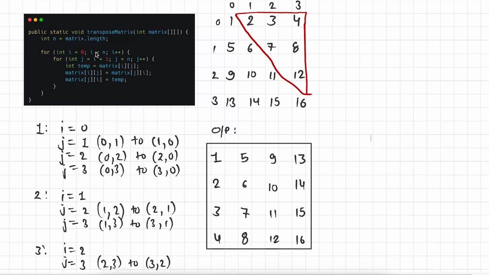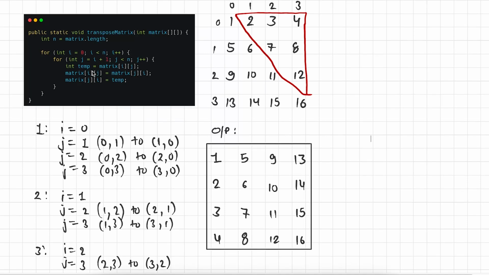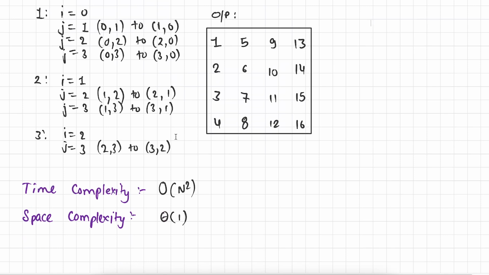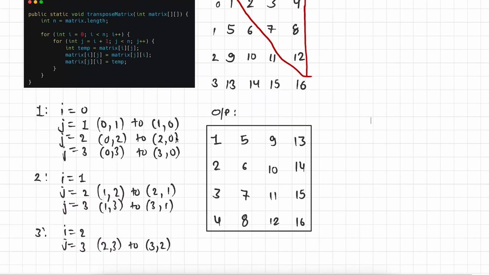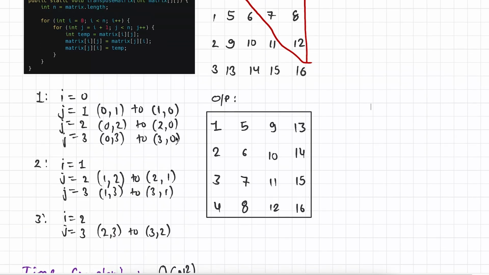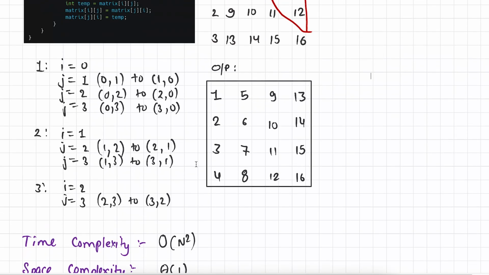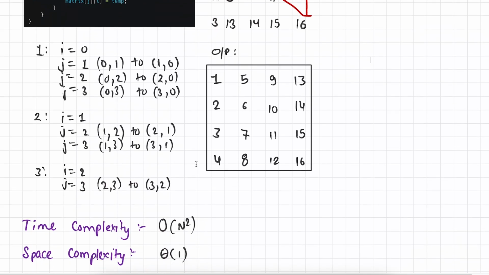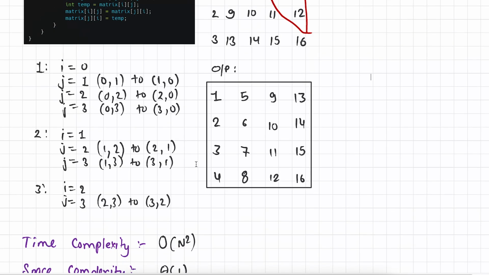And in this case for each iteration of the outer loop, the inner loop runs at most n times. So we could say that the time complexity of this function is going to be big O of n square. Correct? And what about space complexity? It simply remains theta 1 because we are not using any extra space. So overall, this function took big O of n square time and theta 1 constant space to solve this problem.